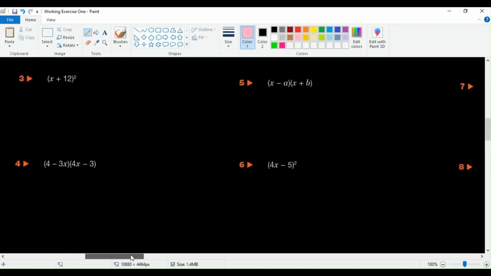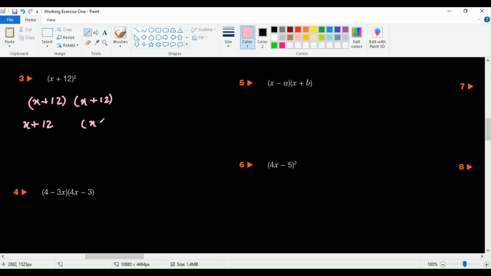Let's see how it has to be taken. I'll bring it down, this one. Now in here it says x plus 12 is to be multiplied by itself. That means x plus 12 is going to be multiplied by x plus 12, and x plus 12 is going to be written two different times with a space in between, something like this. And this is multiplied by x plus 12 this way.